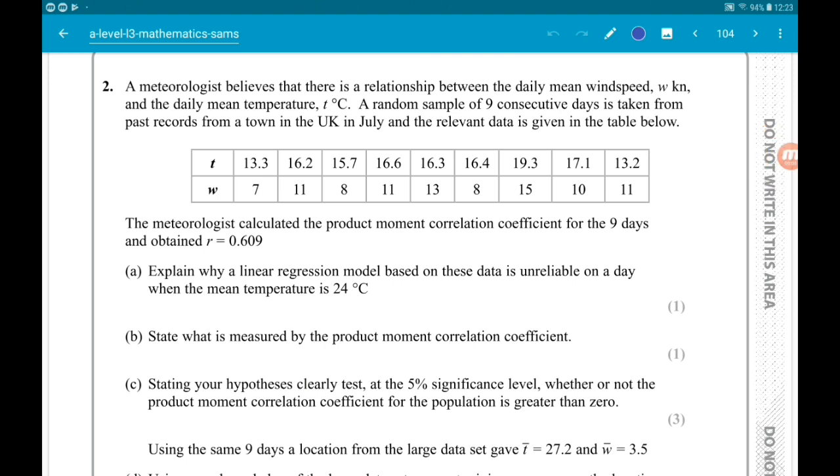Okay, then for part C, stating your hypotheses clearly, test at the 5% significance level whether or not the product moment correlation coefficient for the population is greater than 0.